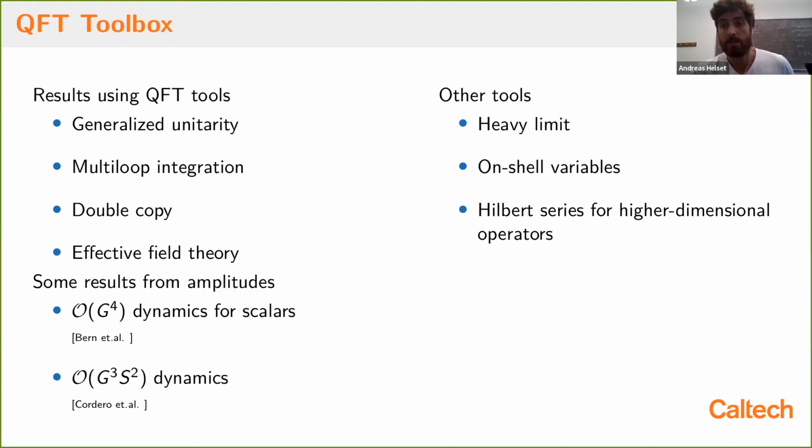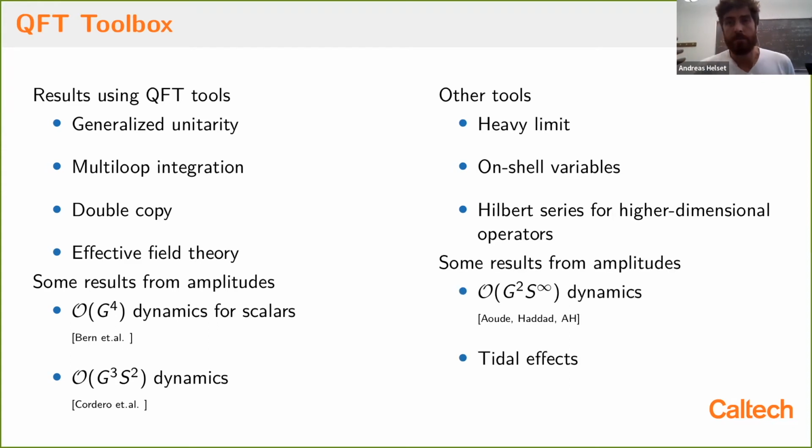As we've heard in talks in this series already, whenever there's talk about higher dimensional operators, you might worry: do we have a non-redundant basis of operators? How do we count them? How do we construct the amplitudes? A very useful tool to do this is the technique of the Hilbert series. This has already been applied to the standard model effective field theory, and the same tool can now be applied to the tidal operators of neutron stars.